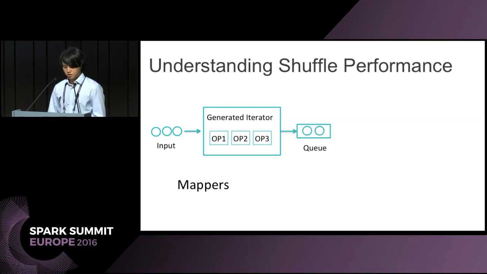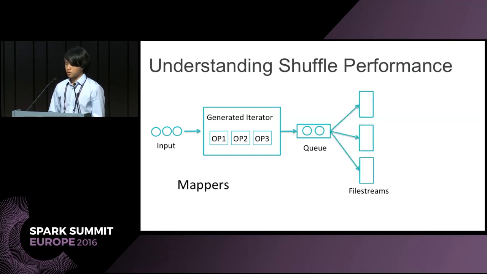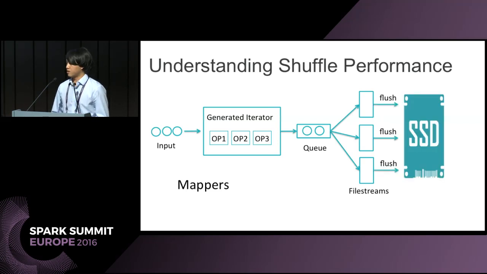Afterwards, it writes into a small queue, which in turn is fetched by a thread on the other side, which reads all the records in the queue and writes into corresponding file streams that correspond to different reducers. And periodically, or when the writing operations are done, those files get flushed to disk.